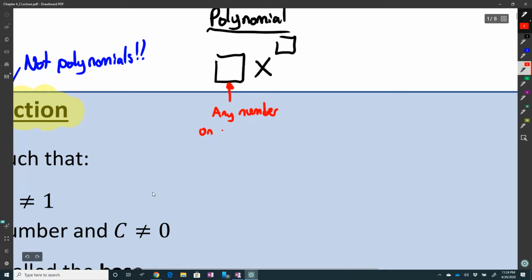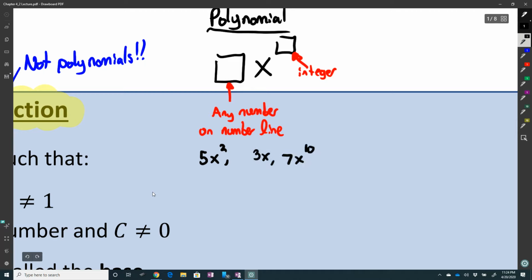Any number on the number line. Where this number is an integer. Okay, so examples of this would be, again, we did polynomials in the last exam, but 5x squared, or maybe 3x, or 7x to the 10, things like that.